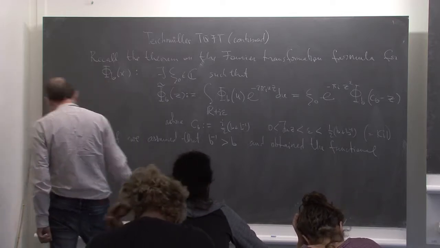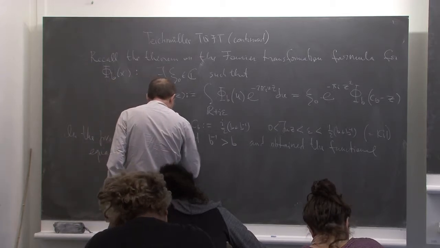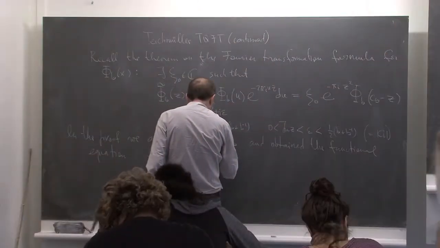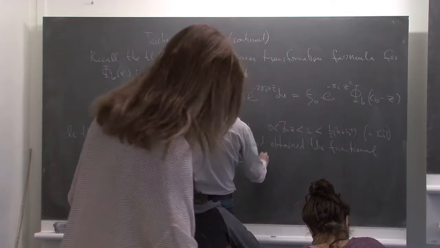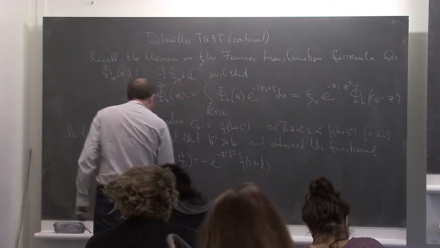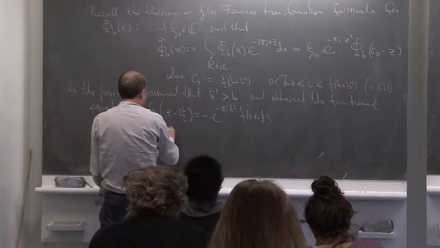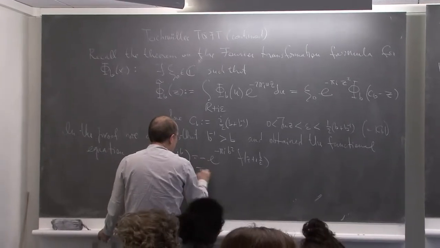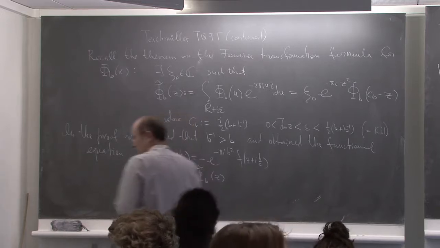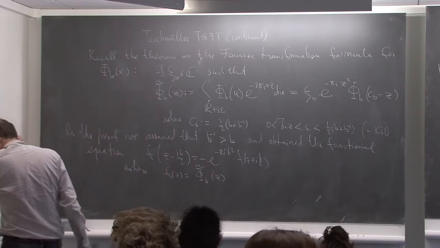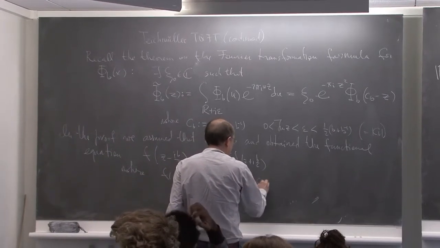Which was f of z minus ib over 2 equals minus e^(-pi i b^2) f of z plus ib over 2, where f of z was defined as phi b tilde of z times phi b of z minus cb.